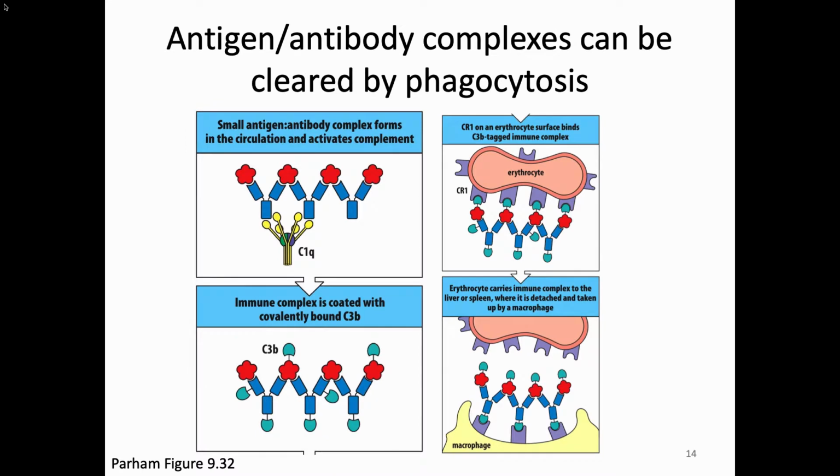Oftentimes, antigen-antibody complexes will get cleared by phagocytic cells. So eventually, we will get rid of the antigen-antibody complexes. So this often does tie into some other stuff. I will also point out that antigen-antibody complexes are really important parts of a number of different diseases where they can actually start to clog up parts of the body.